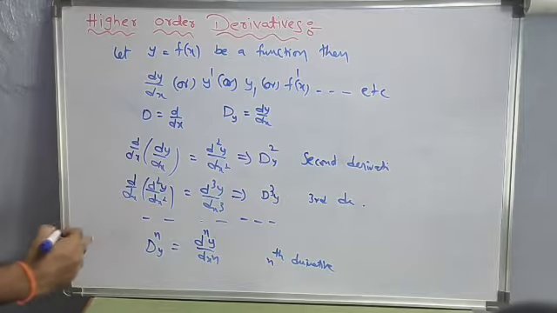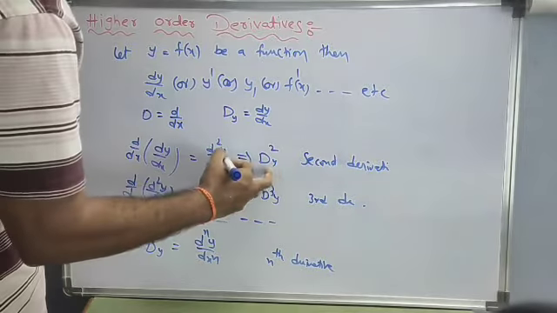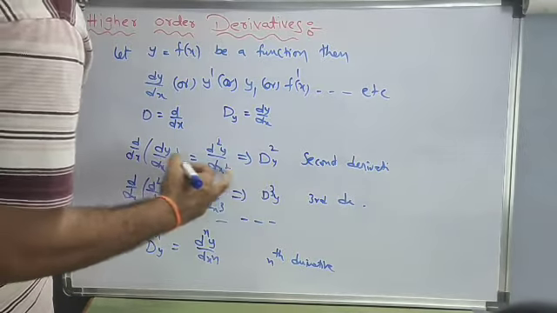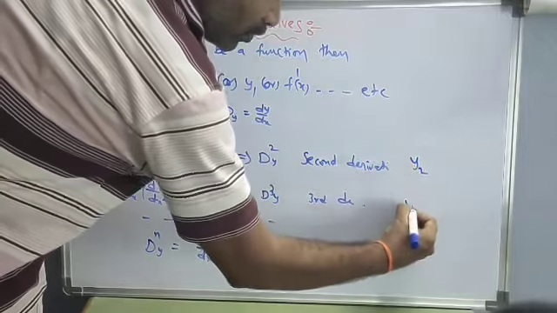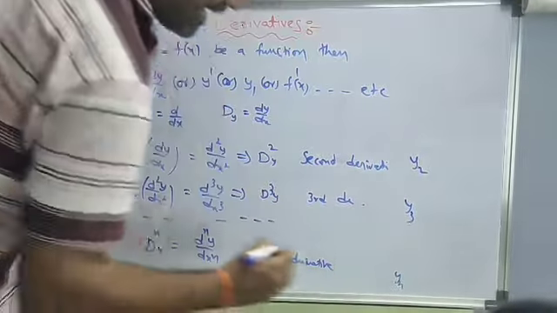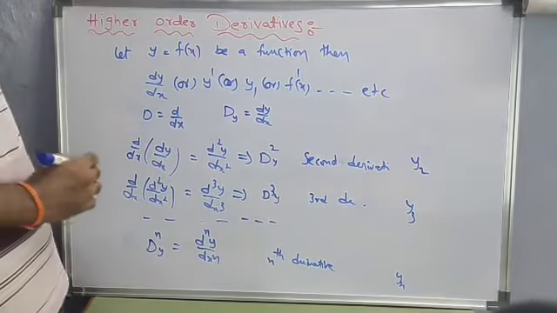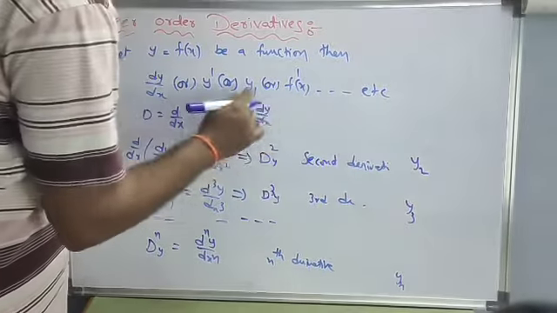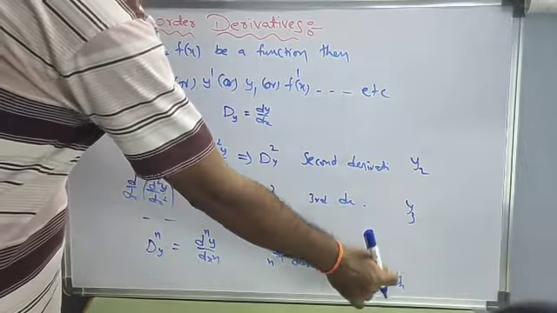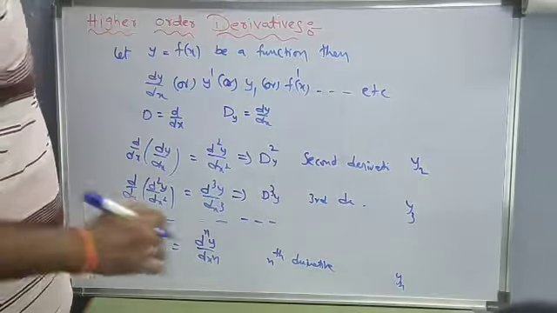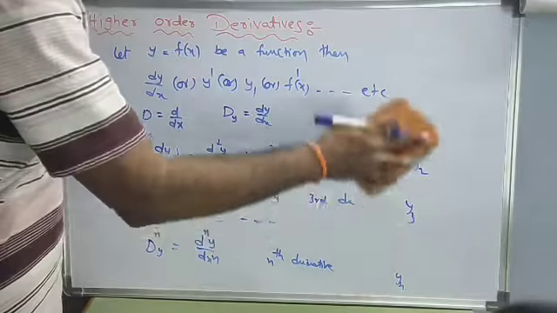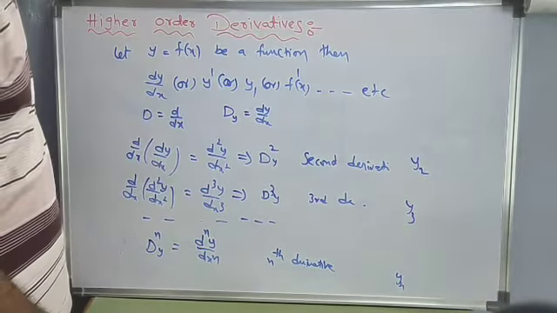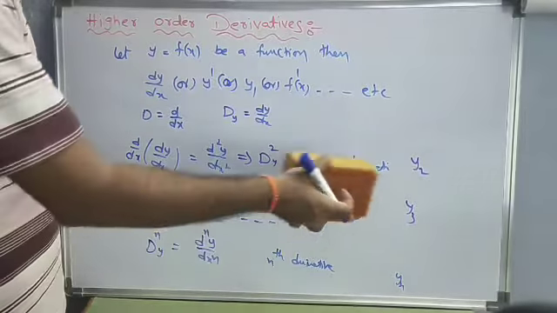The second derivative is also denoted by y2, y3, and so on up to yn. Or y dash, y double dash, y triple dash, up to y power of n. Whatever it may be, that is our choice; we denote the function like this.